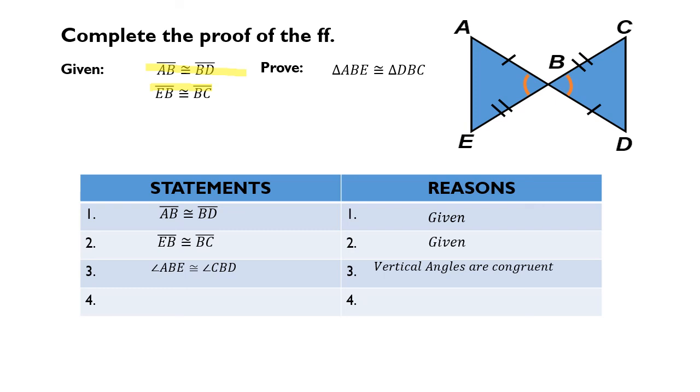Pwede mong isulat yung vertical angle theorem or yung abbreviation na lang, VAT. Understandable na yun, if you want to lessen your writing. Again, i-repeat ko, kapag may dalawang given na congruent parts, be it an angle or a side, and kung wala ka nang given, na use up mo na lahat ng given, look into a reflexive side or a vertical angle to complete your proof.